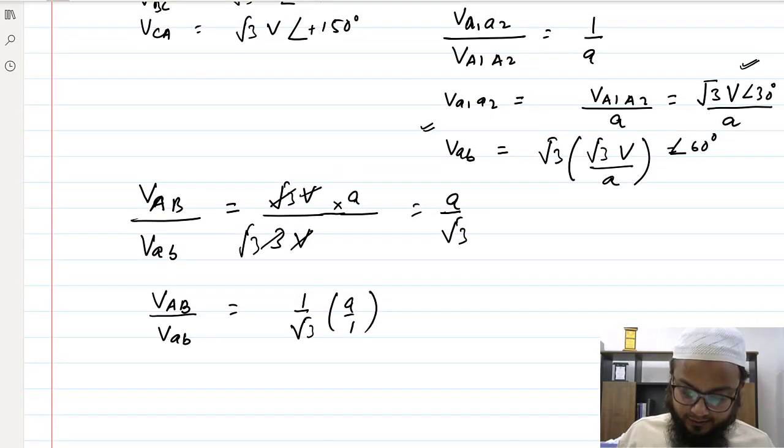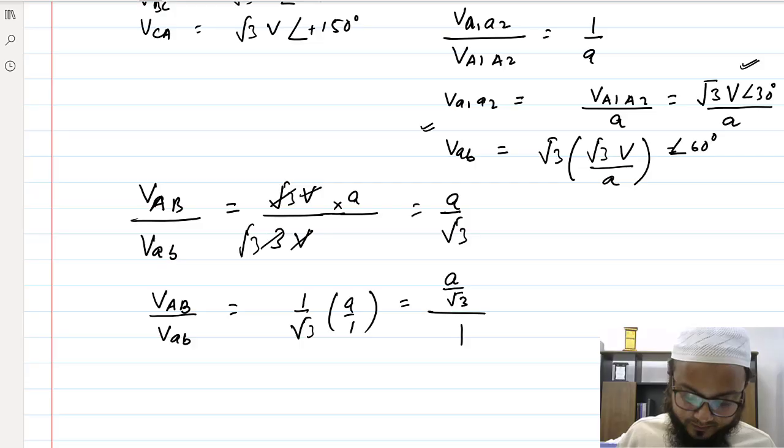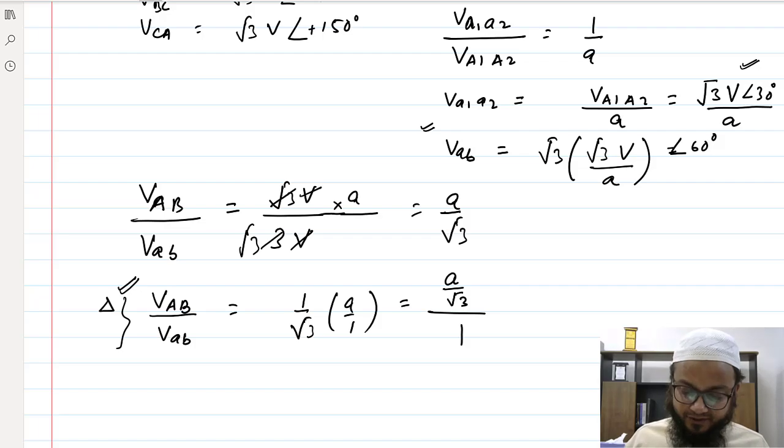So I'll just rewrite it actually to make an important inference out of here. So this is just A by root 3 upon 1. So this is at which side? The numerator is at the delta side, right? And just an inference out of it.